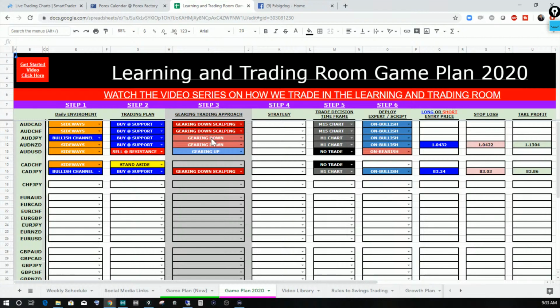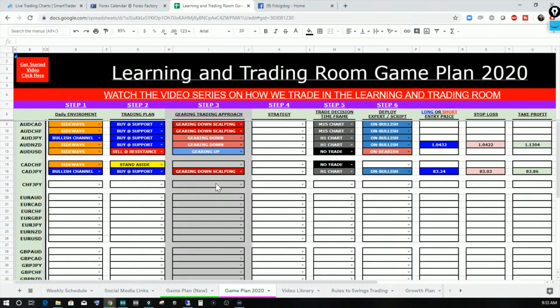I'm going to identify the larger directional bias and decide on my trading plan, whether it's buy support, sell resistance, or stand aside. Step 3 is going to use a gear up, gear down trading approach. And yes, the traders that are part of my trading room will get access to this document.